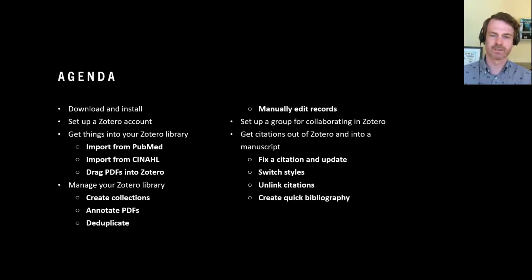And this is a really great feature if you are doing any kind of collaborative work. Different people can sign in and have access to the same Zotero library. And then finally, how do you get your citations out of Zotero and into a document? So we'll talk about the options that we have there.